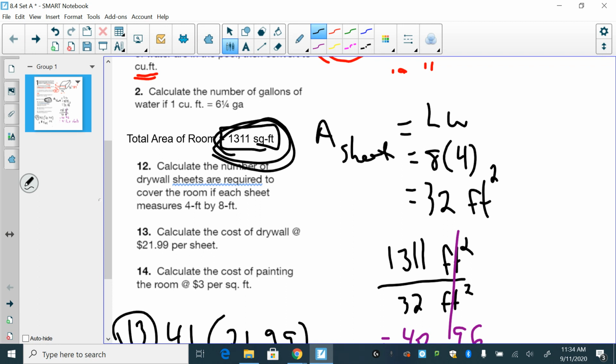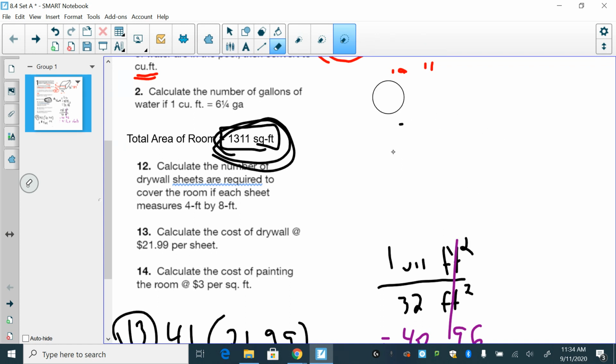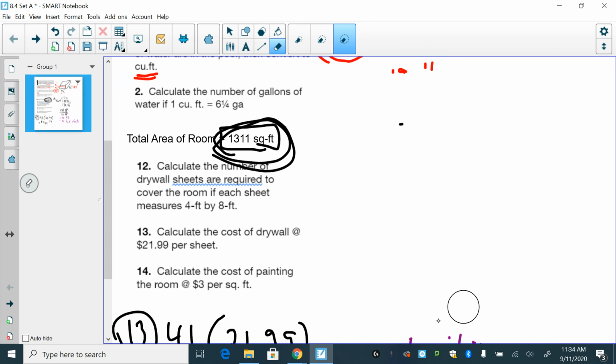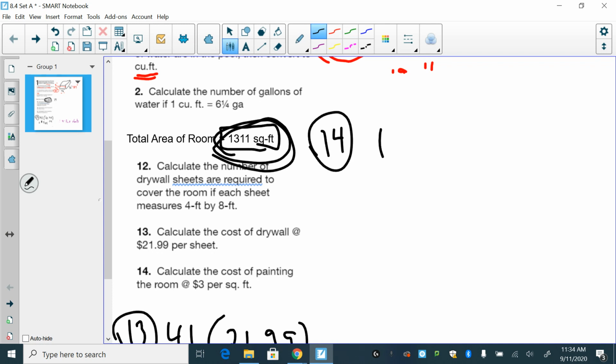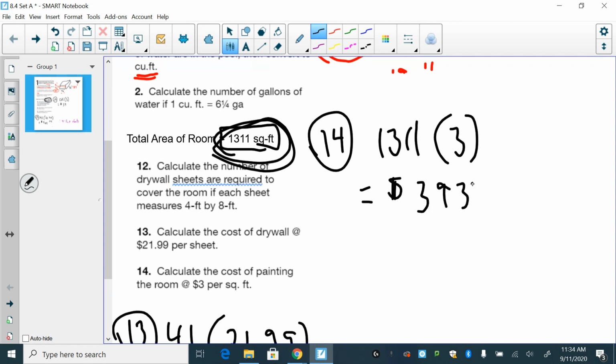So all you're going to do to solve for this is take your area of your room and multiply it with the cost. So the area of the room was 1311, and you're going to multiply it with $3 per square foot for the paint. So 1311 times 3. So it works out to $3,933.